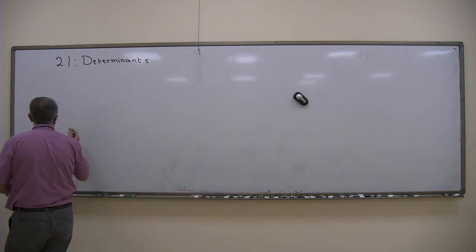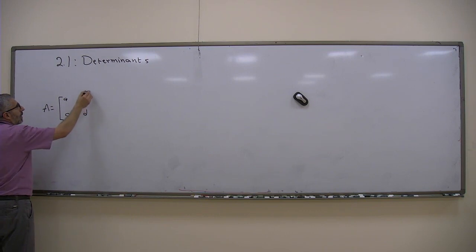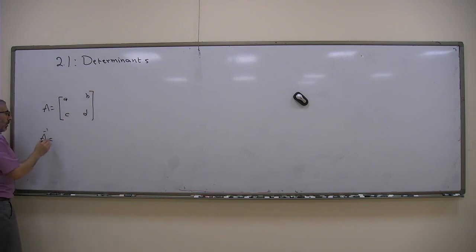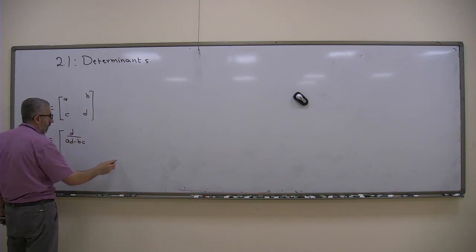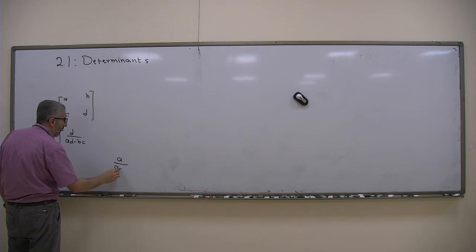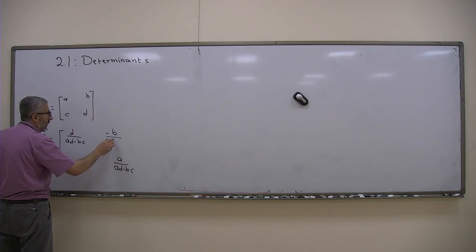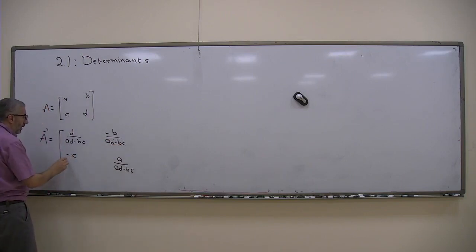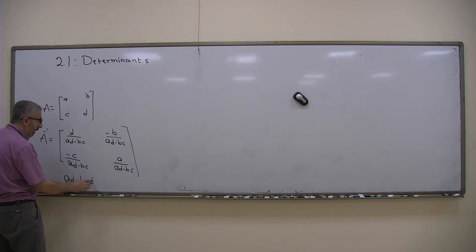So when you have a matrix, let's say A, B, C, D. Do you remember when we said A inverse is D over AD minus BC and negative B over AD minus BC, negative C over AD minus BC and A over AD minus BC, and we said AD minus BC should not be 0.